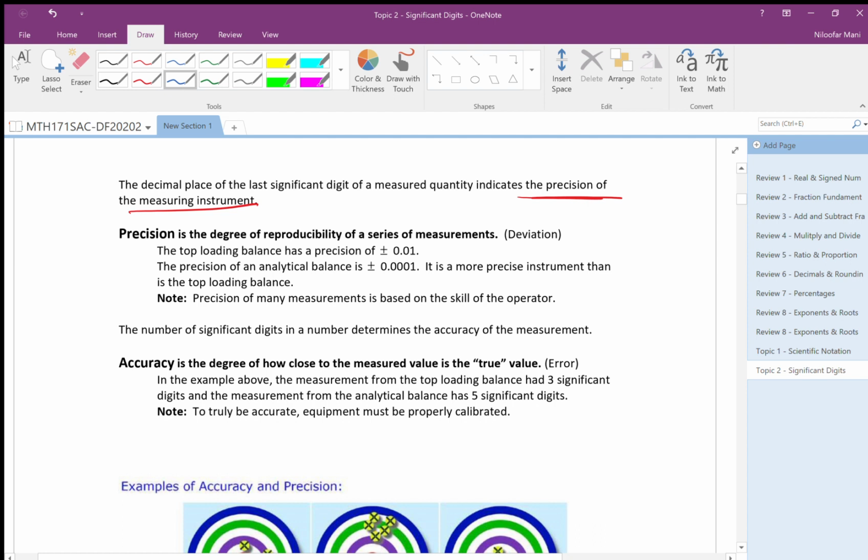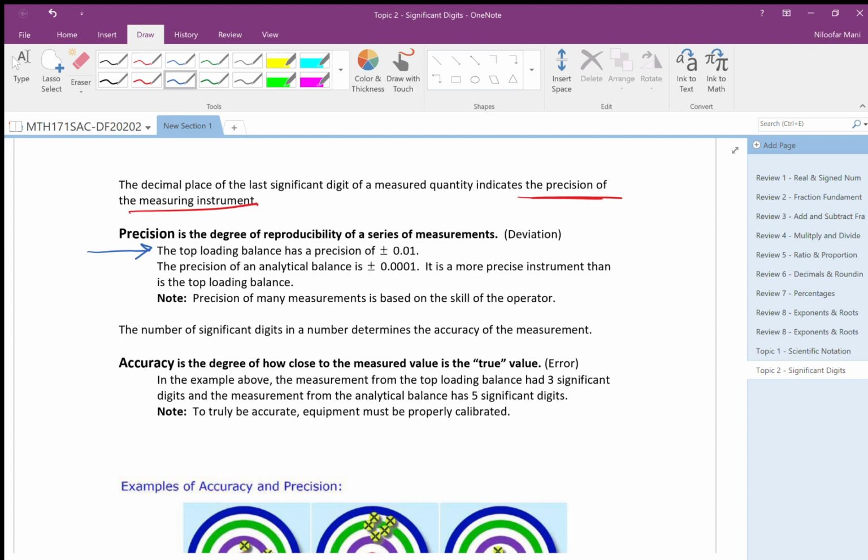So the first device is precise to 2 digits after the decimal, and the second one is precise to 4 digits after the decimal. If you do several measurements, they can be close to each other to 2 digits for the first one, and to 4 digits for the second one.